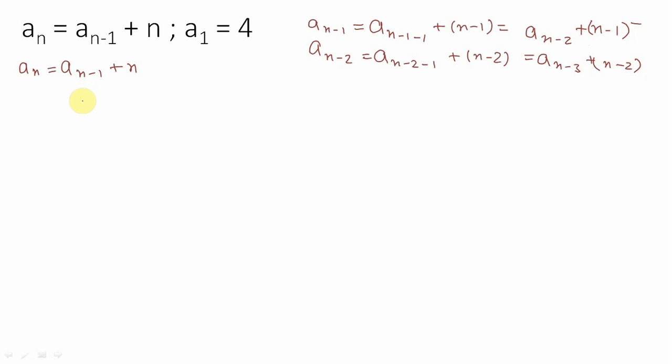So let's use the logic over here. Now it has been given to me as a_n is equal to a_{n-1} plus n. Now I substitute the value of a_{n-1} from this equation. So I get a_{n-2} plus (n-1) plus n. Once again, I can substitute the value of a_{n-2} from here.